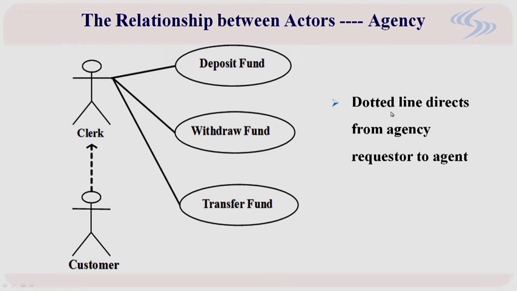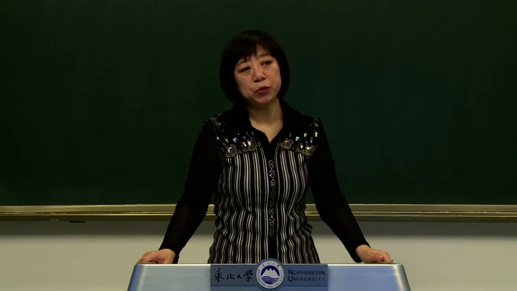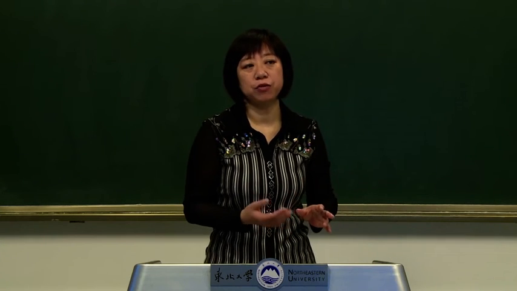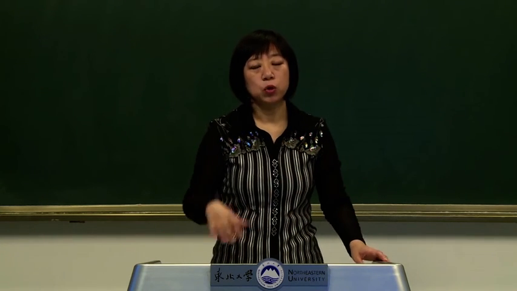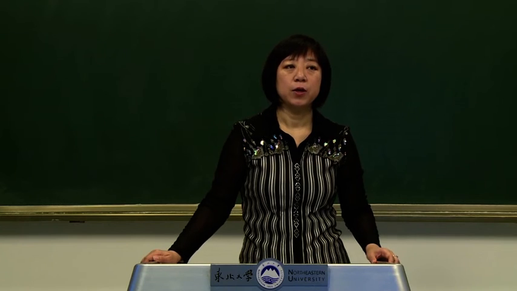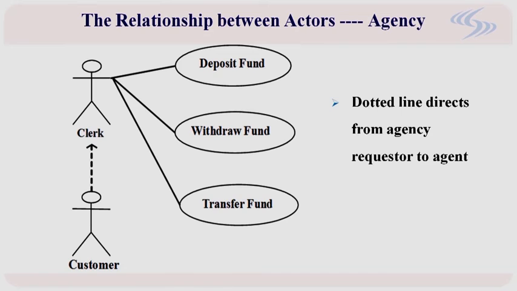So the dotted line goes from the requester to the agent. Well, in some other systems, there's also such a relationship between actors. For example, the borrower may ask agency from the library to borrow book or return book and so on, right? Okay, so this is agency.